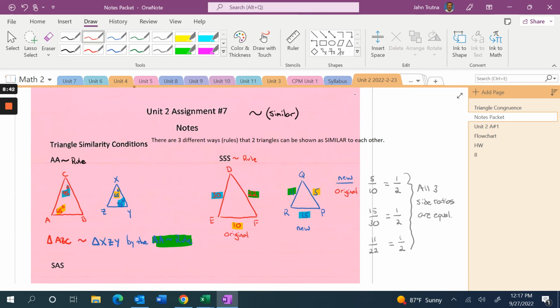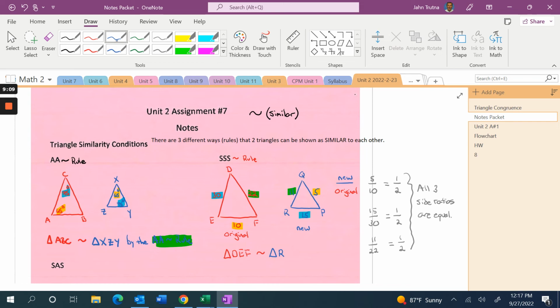So we could say triangle DEF is similar with triangle, and then I'm going to finish off the sentence. So D has to match up with what letter over here? If you are yelling into your computer that it's R, you are absolutely correct.